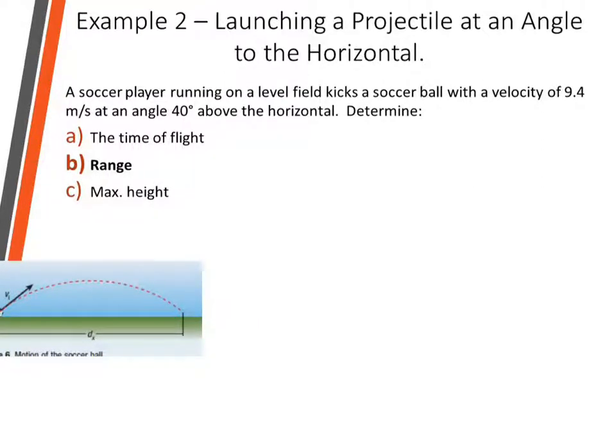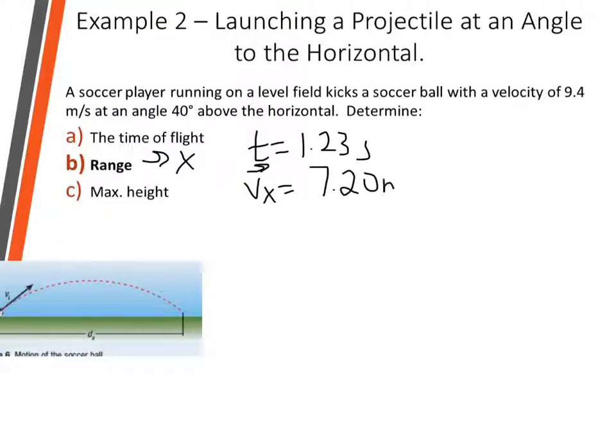So range is x. We don't know our acceleration in the x direction, but we do know our time, and we do know our vx. So we want to figure out our dx. So we're going to use that initial equation that we learned.